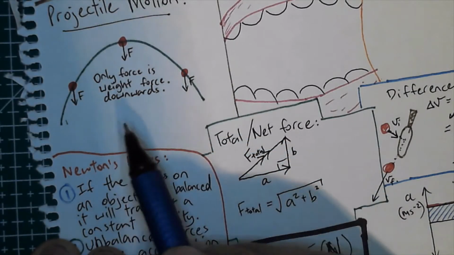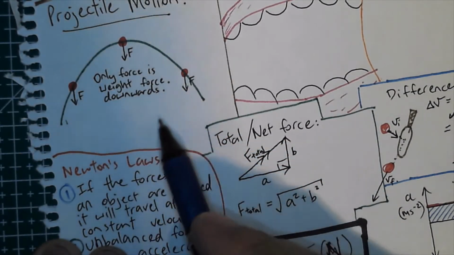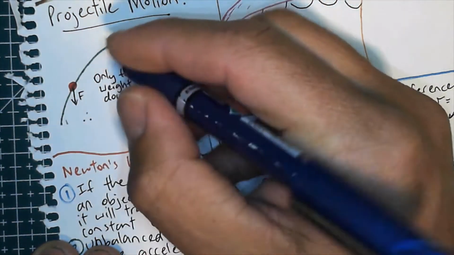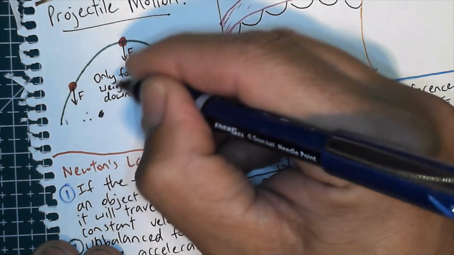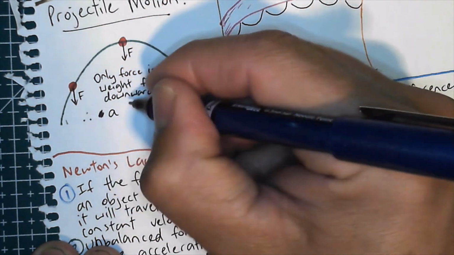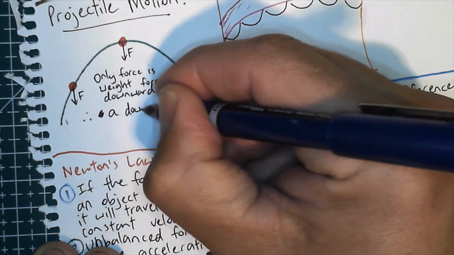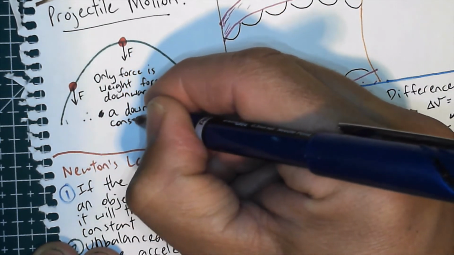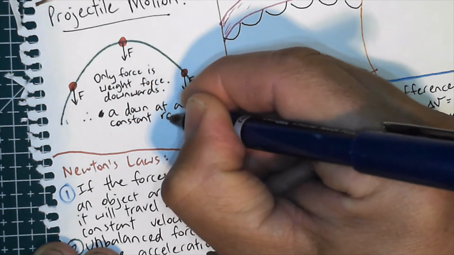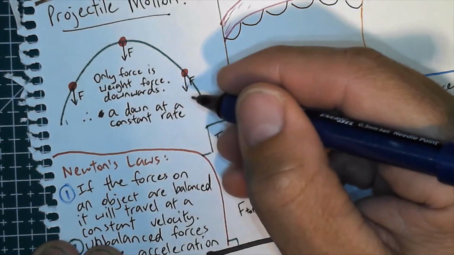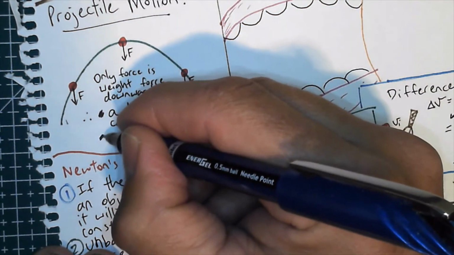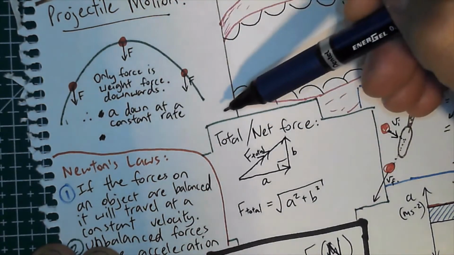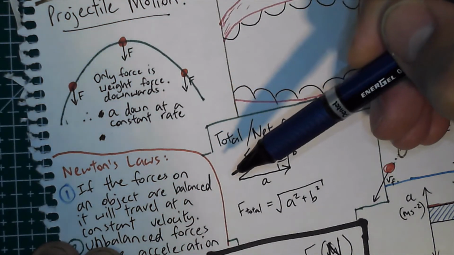Now, because the weight force is acting vertically downwards always, this means two things for projectile motion. Firstly, it means it's accelerating down at a constant rate, because the only force acting downwards is only affecting the vertical velocity of the object.